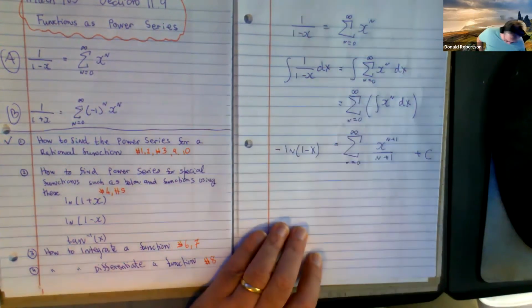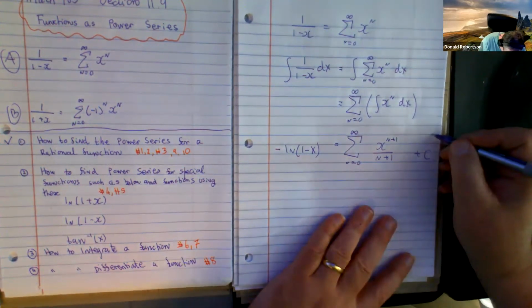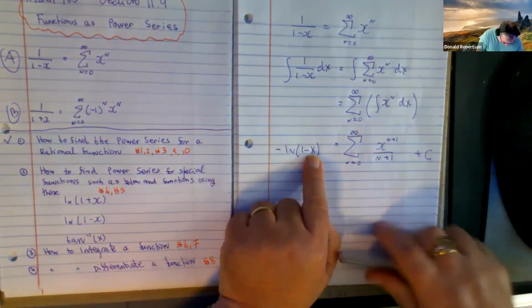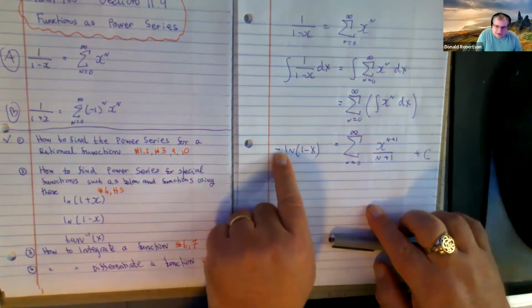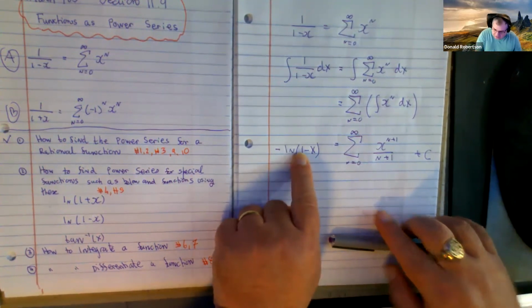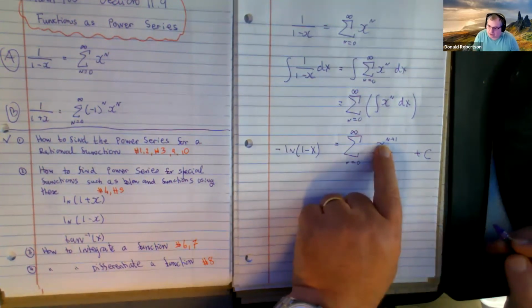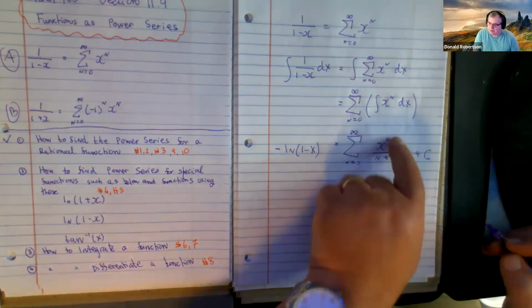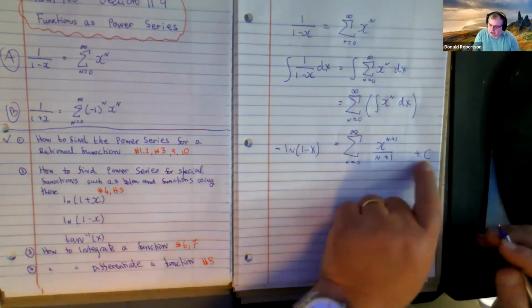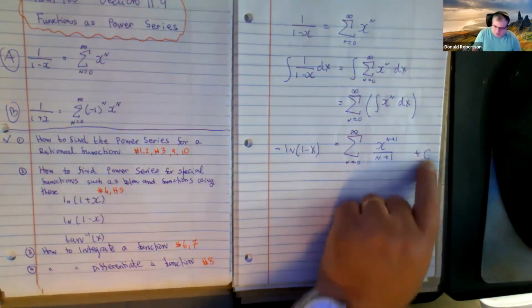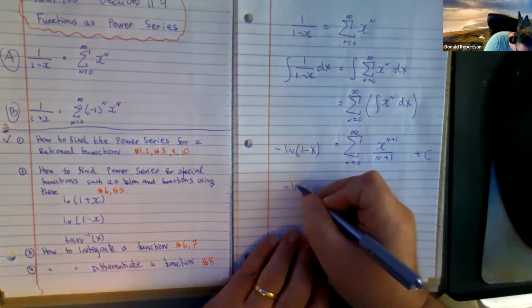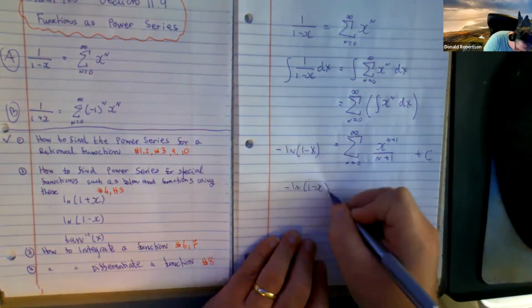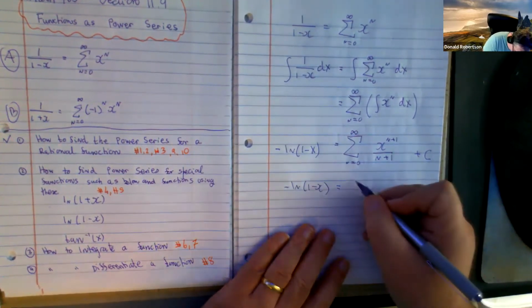So I have that guy. Can you trust me that if you plug x equals 0 in here, you get minus log of 1, which is nothing. And if you plug x equals 0 in here, you get a whole load of zeros, 0 to the power of this, 0 to the power of that, but still zeros. And that makes C 0. So what I now have is that guy.